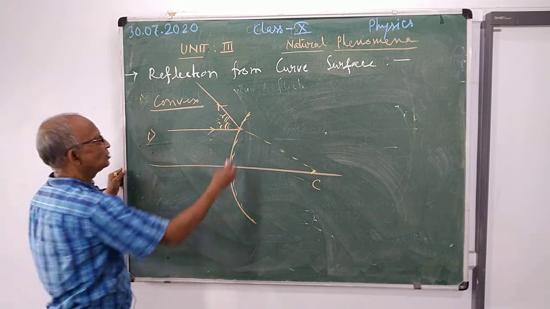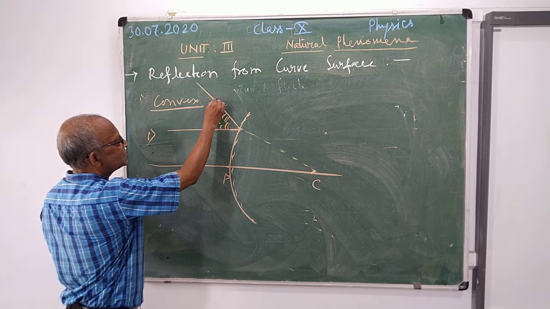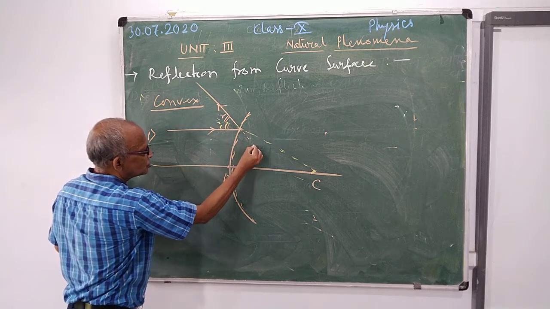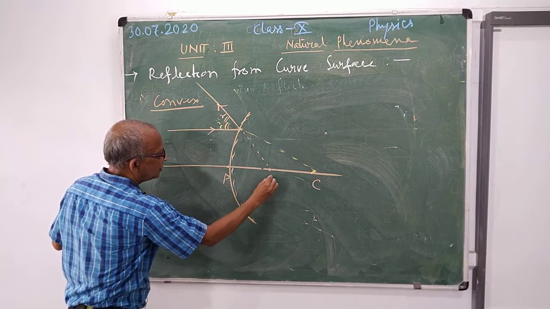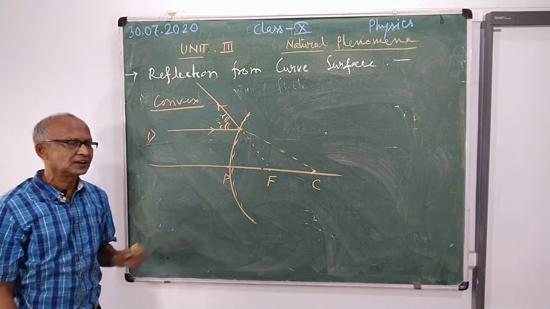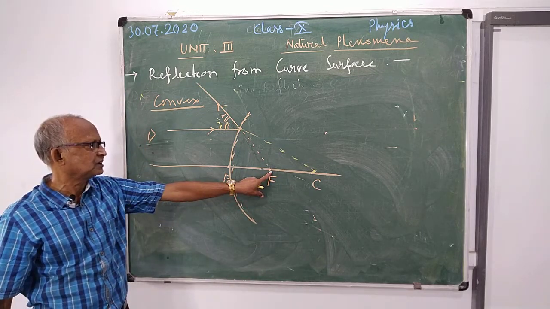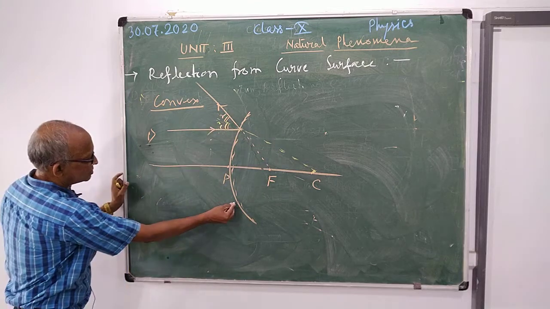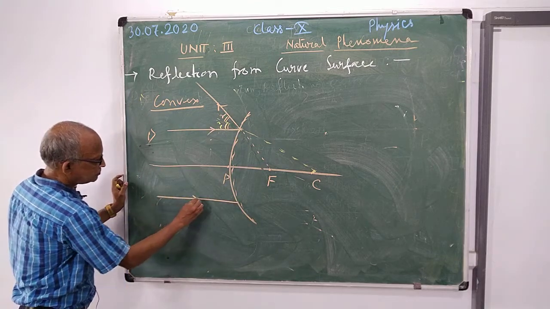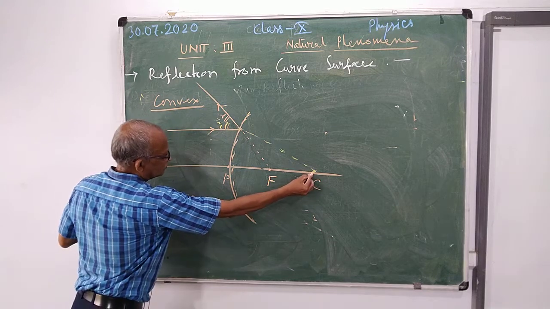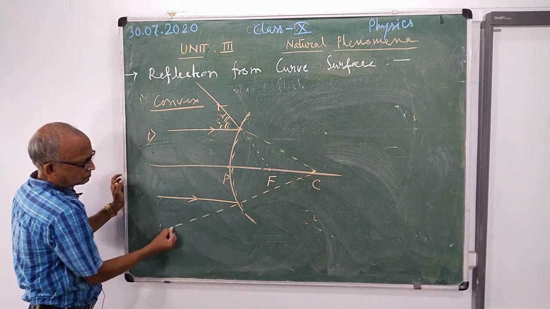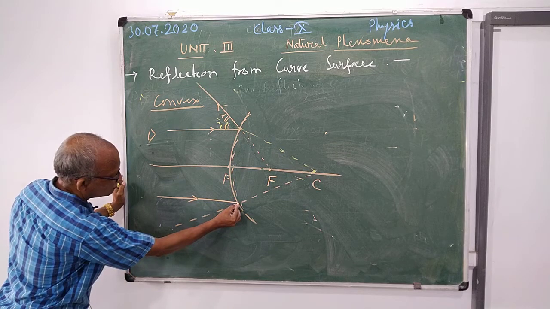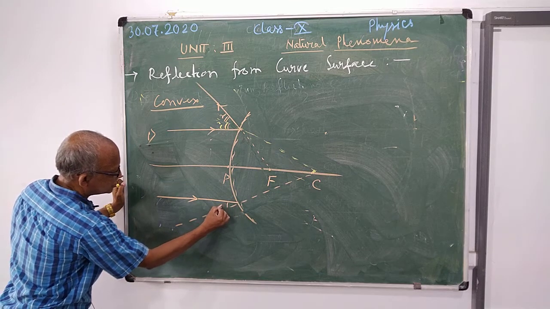Now check that the reflected ray seems to diverge from a point on the principal axis. In this case it is F. Diverge means it seems to come from here. If I draw another ray like this, then again this is i.